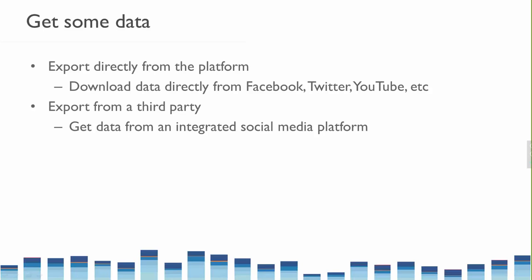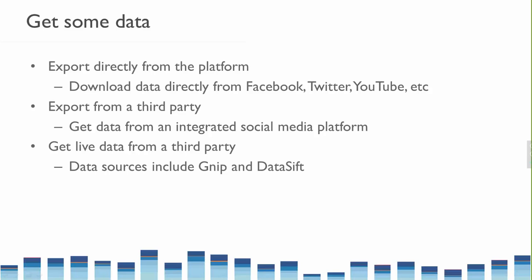The second option you have is to export the data from a third-party application. So there are integrated social media listening platforms out there, such as Hootsuite or Radian6, for example, that collect data and aggregate it across multiple social media platforms and deliver that into a portal where they provide analytics on top of that data that they aggregate.